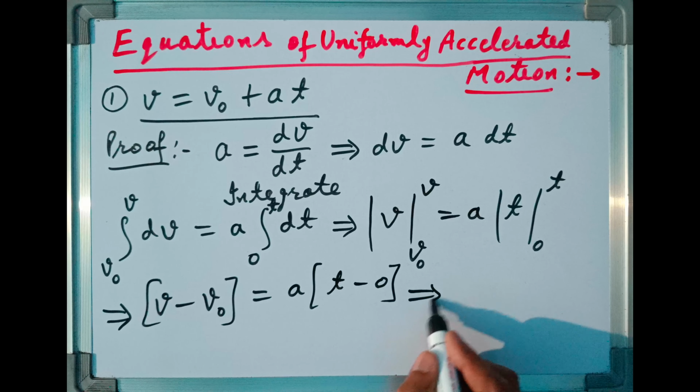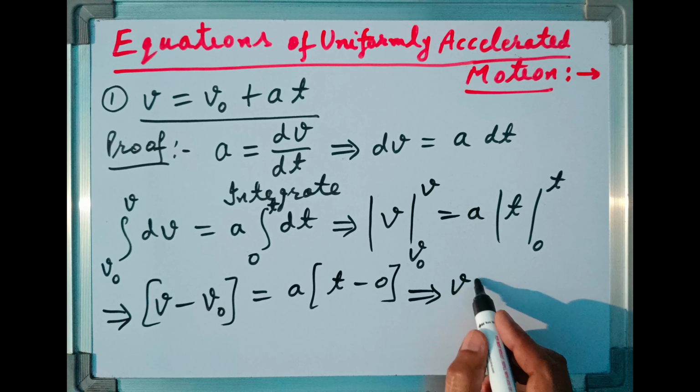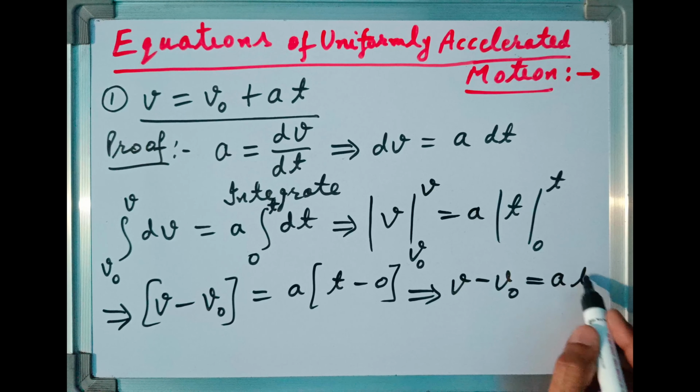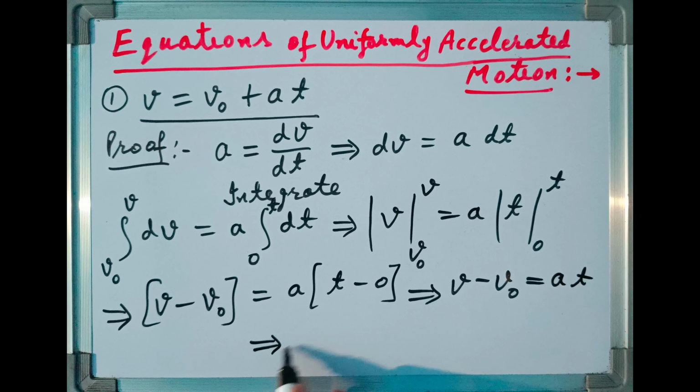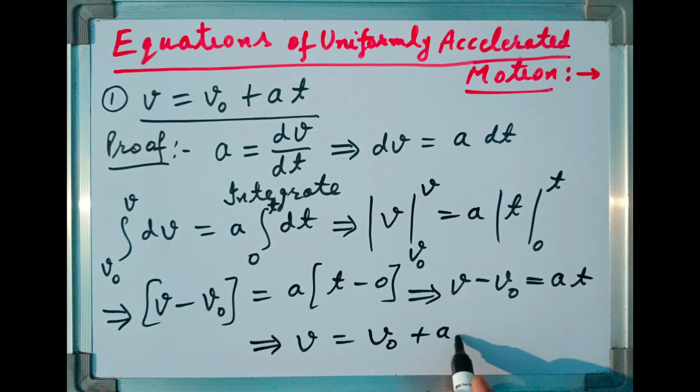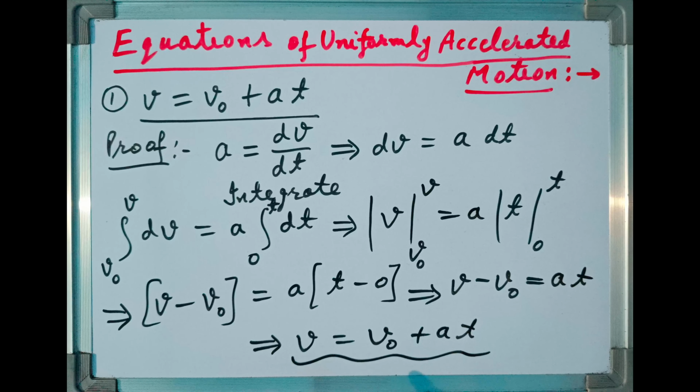After simplification, v minus v naught equals a t. This will give us v is equal to v naught plus a t. Hence the required relation by using differentiation and integration, that is the calculus method.